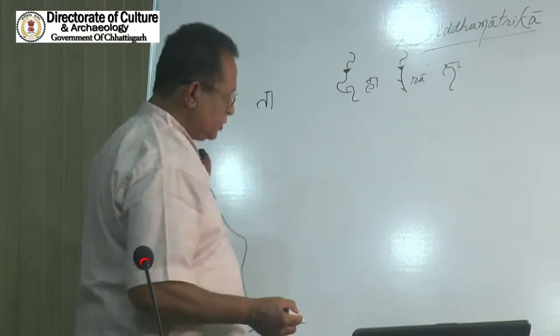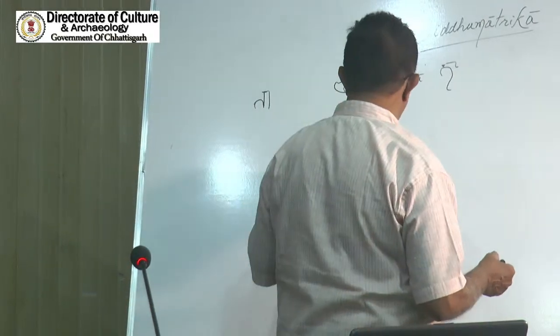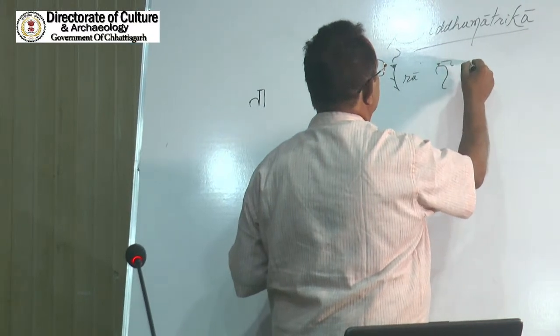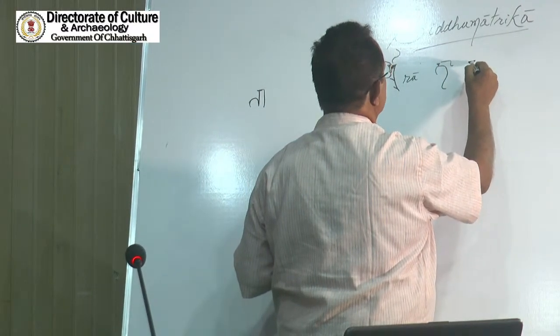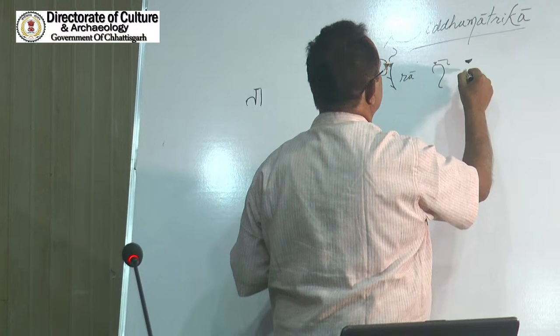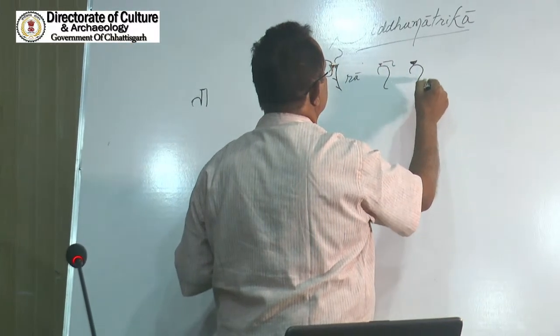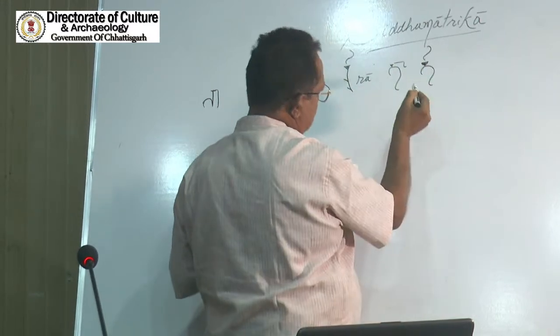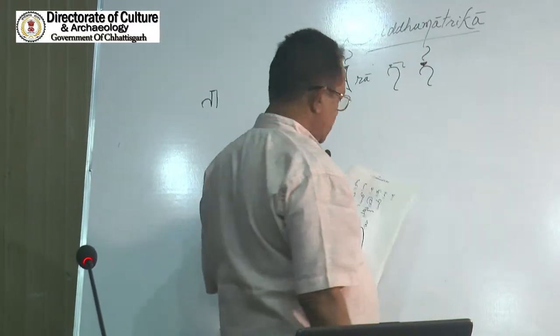So this is short, and there are two types also here. This you will find, and again the same you will find like this. This method also you will find. Attaching to the side also, you will find both.